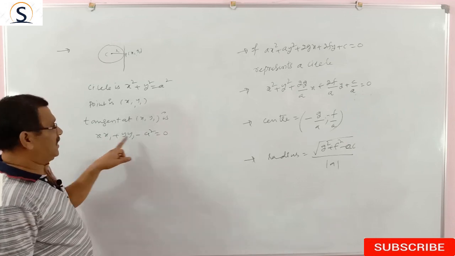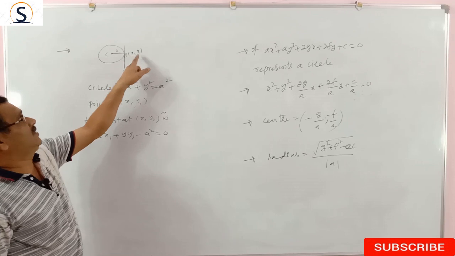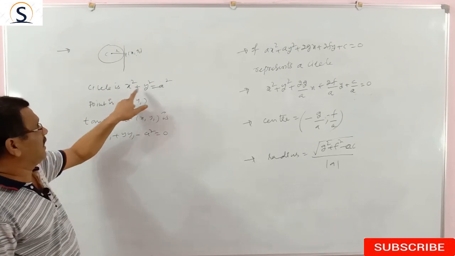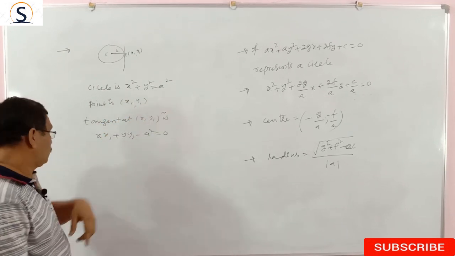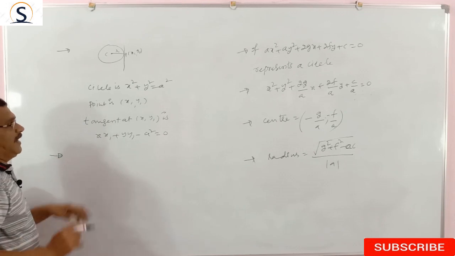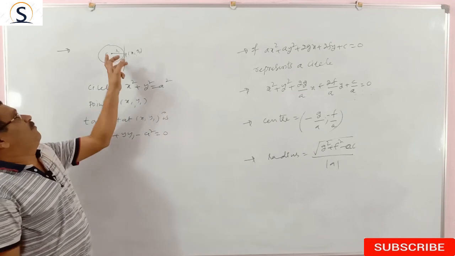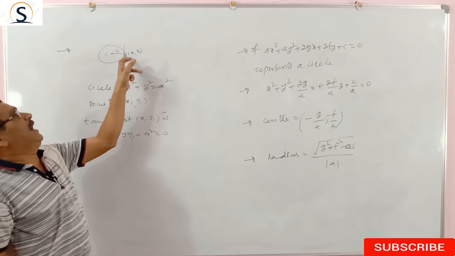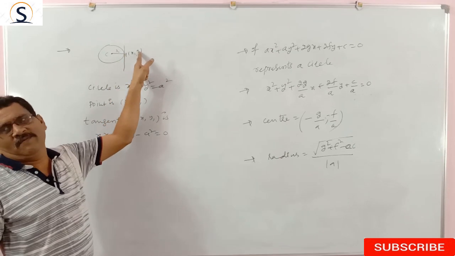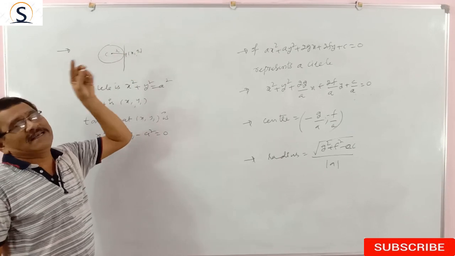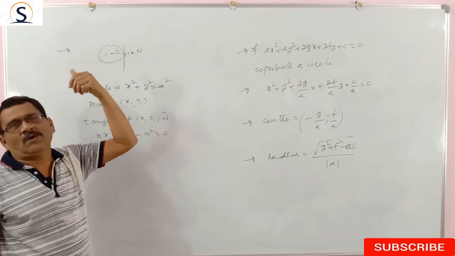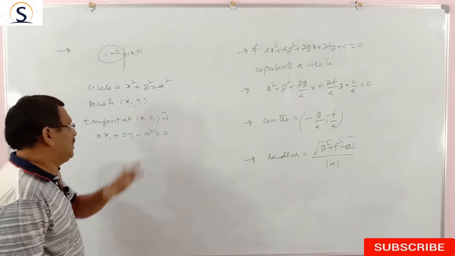This is the tangent equation at the point x1, y1 to this circle x square plus y square is equal to a square. Next, to find the normal, we will find the slope of CP, and then using this point x1, y1, with CP slope as m, y minus y1 is equal to m into x minus x1. That is the normal equation.